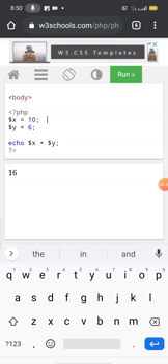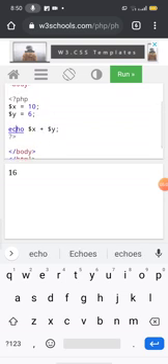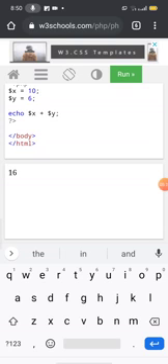The value of $x is 10, semicolon. Then the value of $y is 6, semicolon. Echo, after echo you write your print statement: $x plus $y, semicolon. Your echo statement finishes over here, then your PHP tag finishes, then the closing body and HTML tags complete.